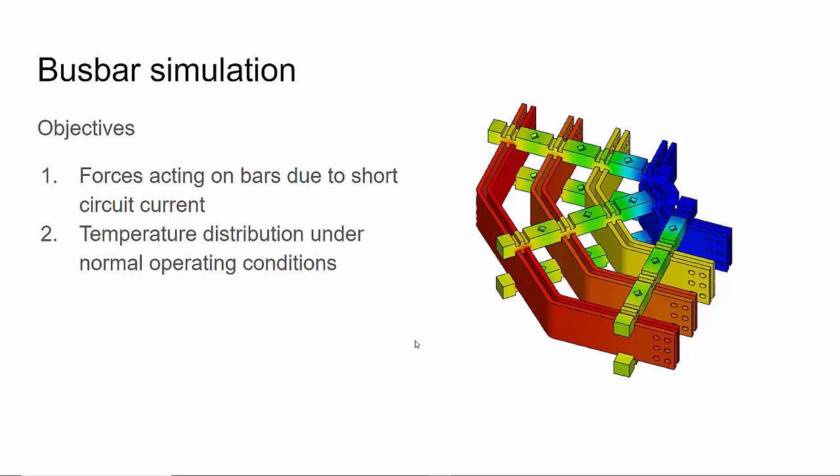And finally, we would like to simulate a case where we have a short circuit, very high current through these bars. These high short circuit currents produce large Lorentz forces on the bars, and the objective of the simulation will be to calculate the forces acting on each of these bars.